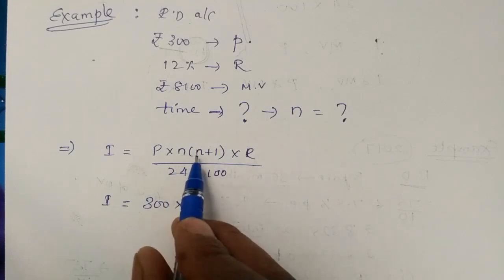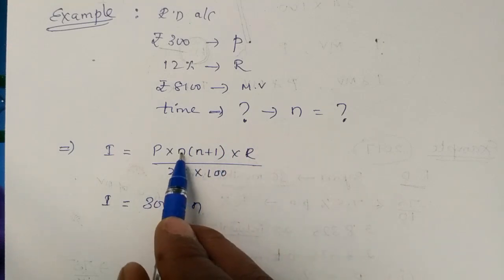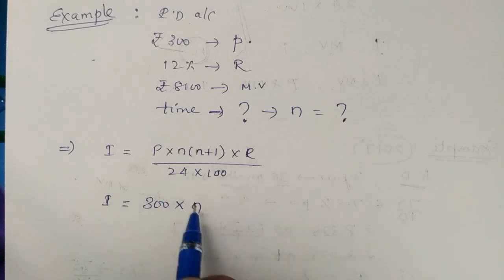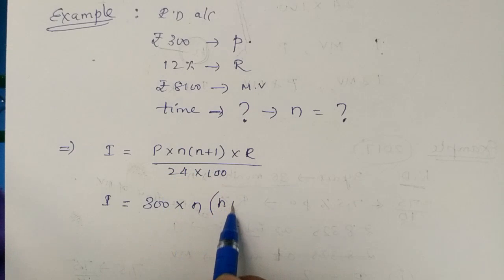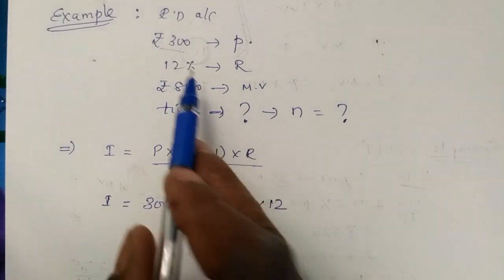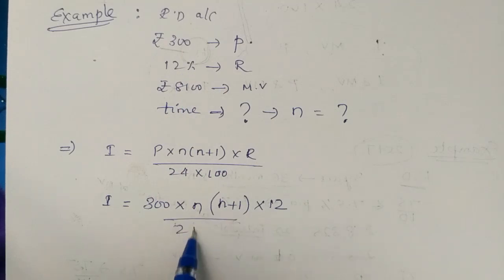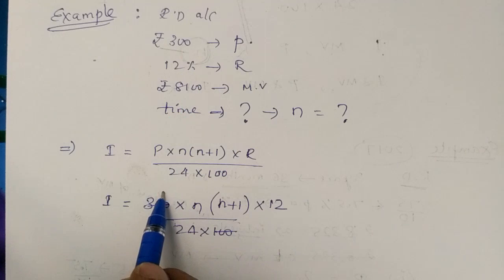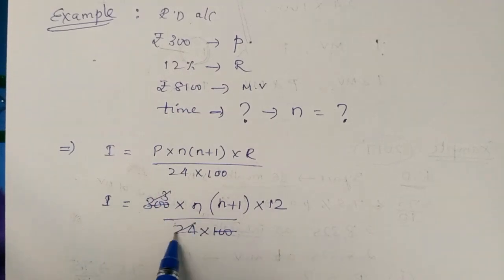If n is unknown, then n plus 1 is also unknown, right? If n is 3, 3 plus 1 is 4; n is 10, 10 plus 1 is 11. But n is unknown, so n plus 1 is also unknown. Into what is the rate of interest? 12, it is given here, whole divided by 24 into 100. So we cancel 100 and this 300. 3 ones are 3, 8 threes are 24.